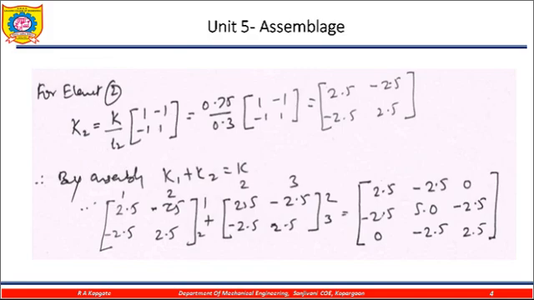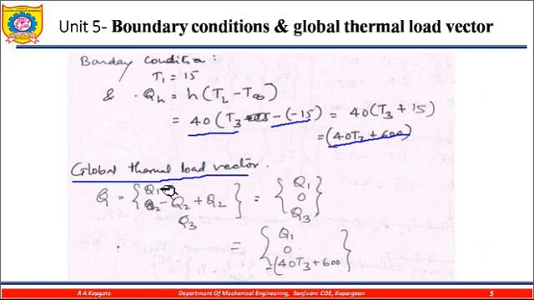So here 40 multiplied by T3 minus 15 gives 40 T3 plus 600. My global thermal load vector has q1 at node 1, q2 at node 2, which is very important, and q3 at node 3.